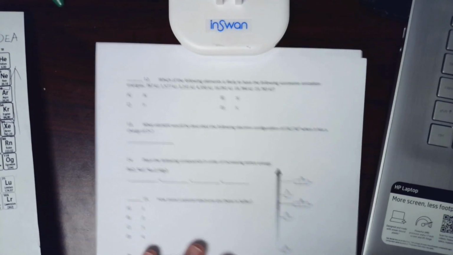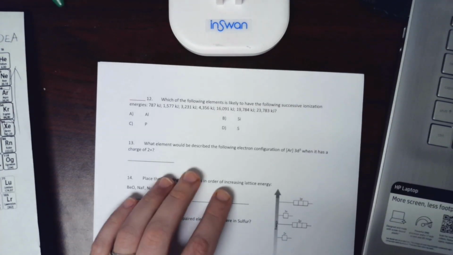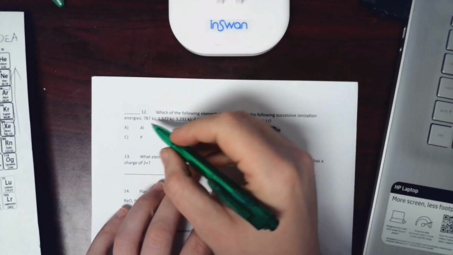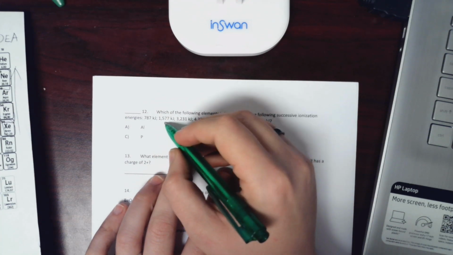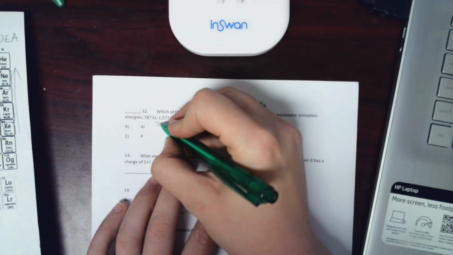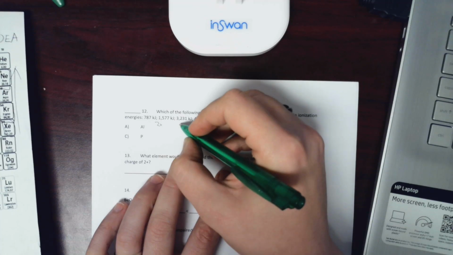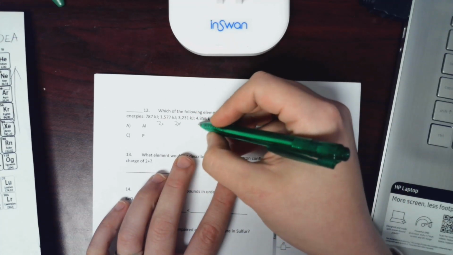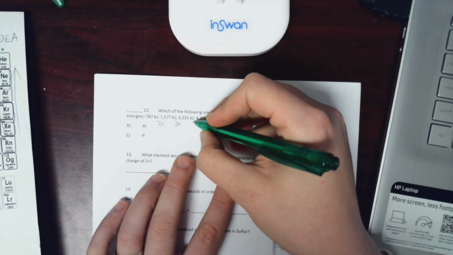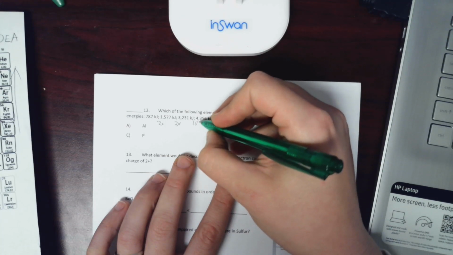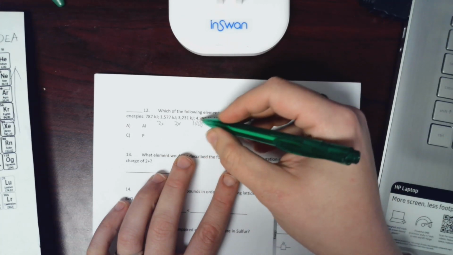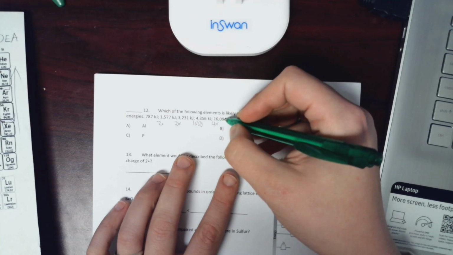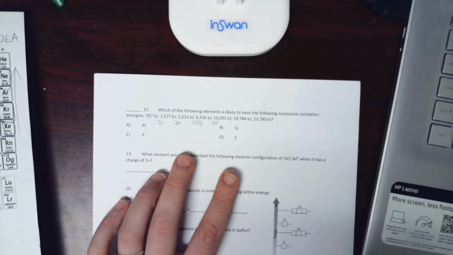Last page now. Which of the following elements would likely have the following successive ionization energies? So 787, 1500 is about doubled. 3200 about doubled. It increased by a factor of about 1,000. And then 1400, it increased by a factor of about 4 times.